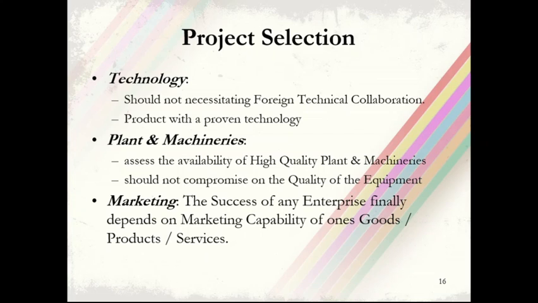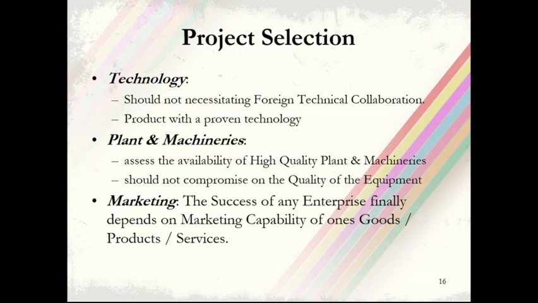Later, it may pay back in the long run due to uninterrupted working. The choice of poor quality equipment leads to frequent breakdowns. So, plant and machinery should be chosen based on the availability of high quality plant and machinery. One should not plan to use imported plant and machinery. It may lead to some problems, and also one should not compromise on the quality of equipment used.